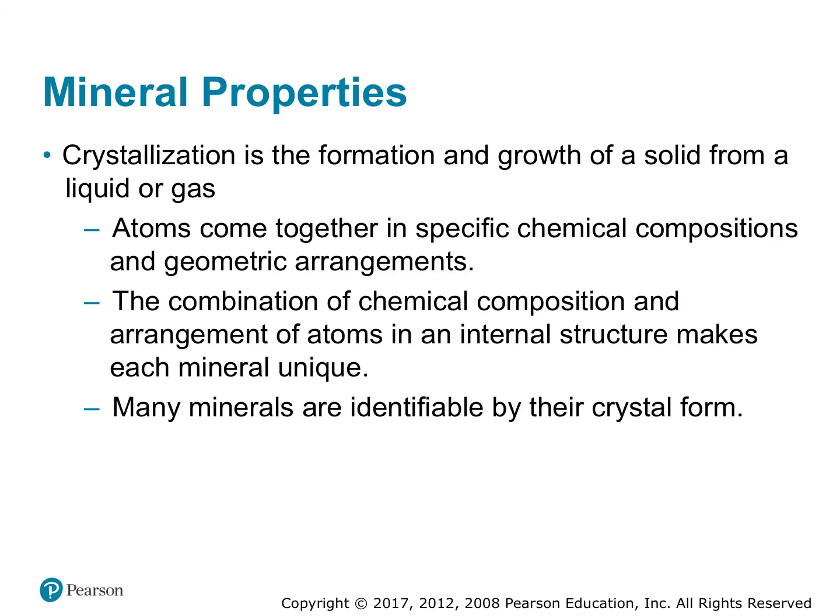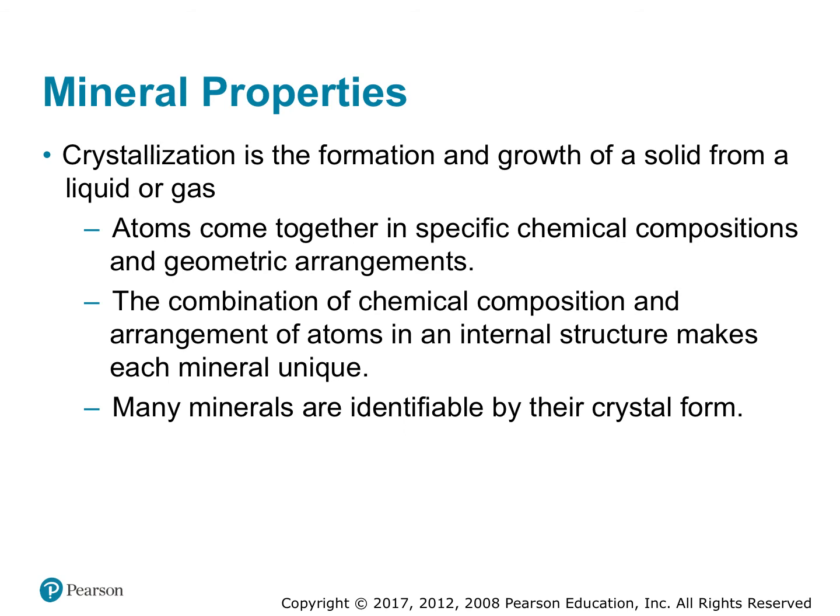Now, when we look at these, we can say that crystallization, this is how crystals are formed, it's the formation and growth of a solid from a liquid or a gas. And so you might have some material that's liquid, and as it cools down, we know it's going to change from a liquid into a solid. And as it changes from a liquid into a solid, the atoms line up in these different crystalline arrangements.